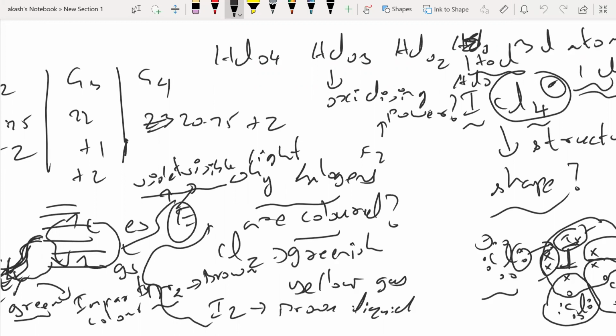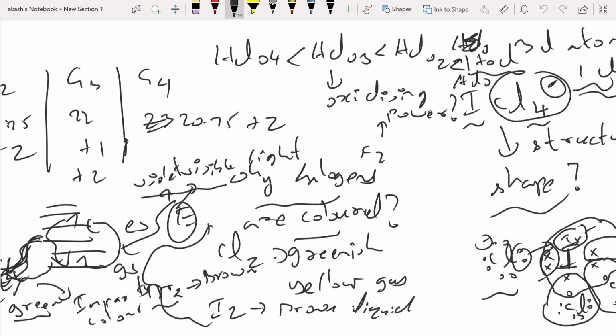Sir, I think the order should be HClO4 lesser than HClO3, which is lesser than HClO2, which is lesser than HOCl. Okay, fine. So HOCl is the greatest. Why? Sir, it's because of the oxidation state.